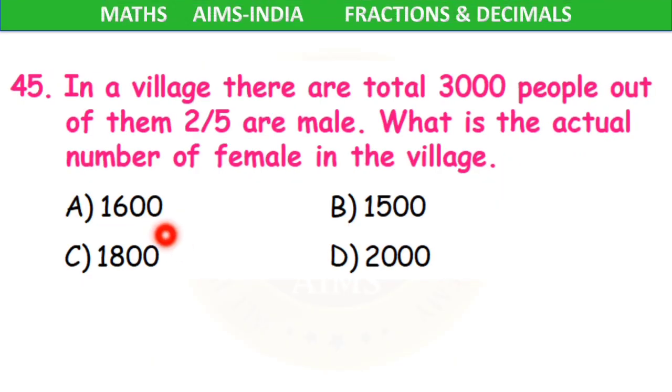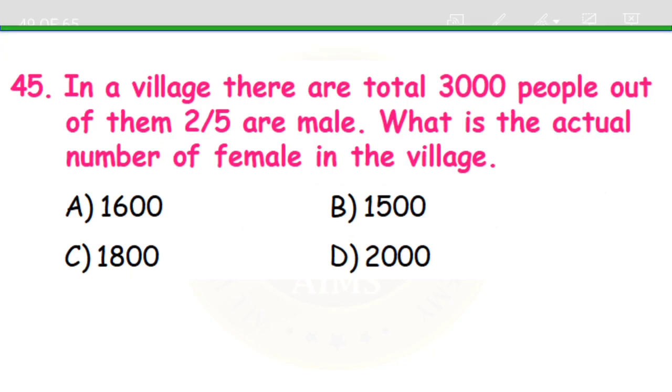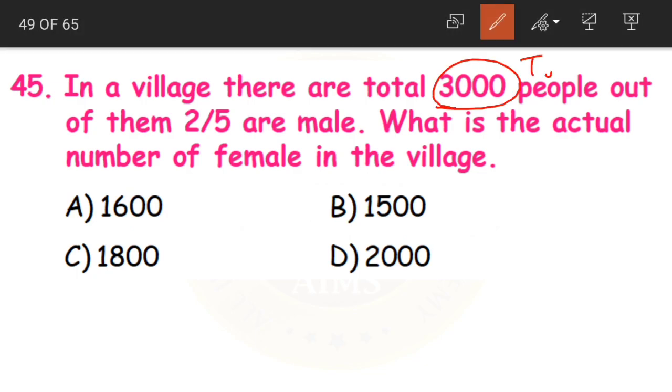Next question 45. In a village, there are total 3000 people. Out of them, 2 by 5 are male. Now, what is the actual number of females in the village? What is the question? There are 3000 people, that is, this is our total population, out of which 2 by 5 are male. 2 by 5 of 3000.